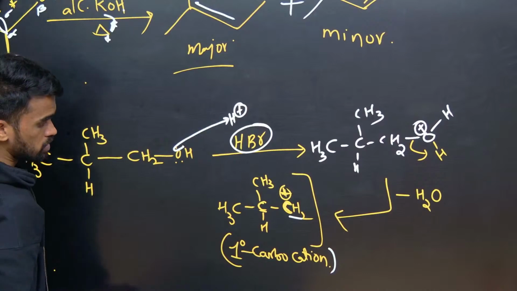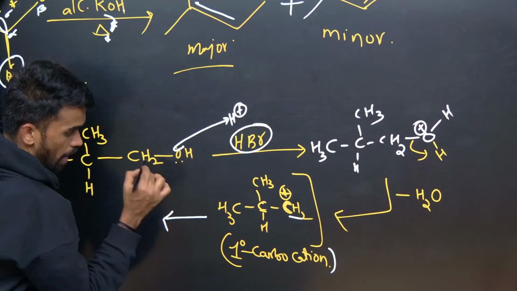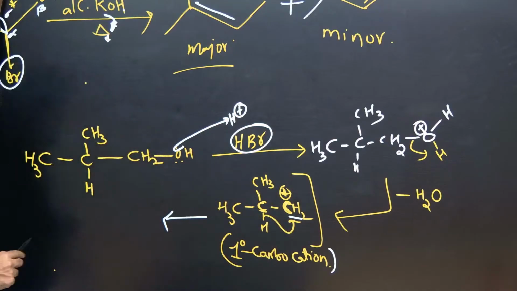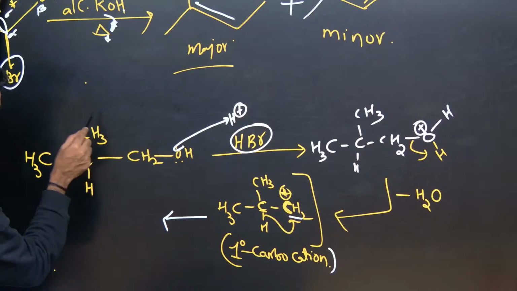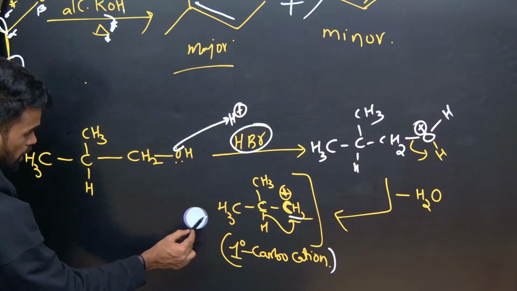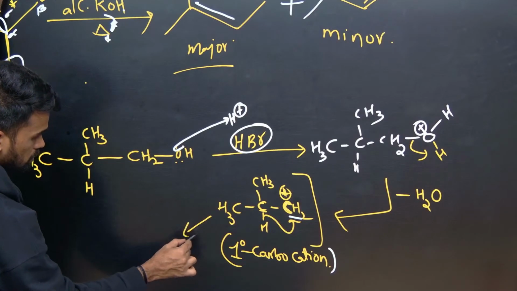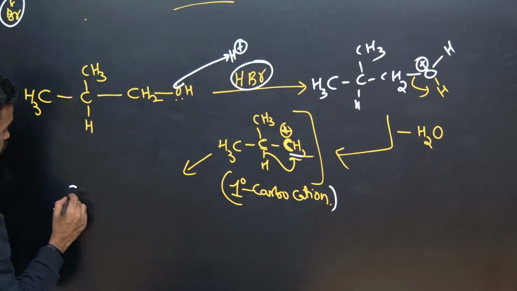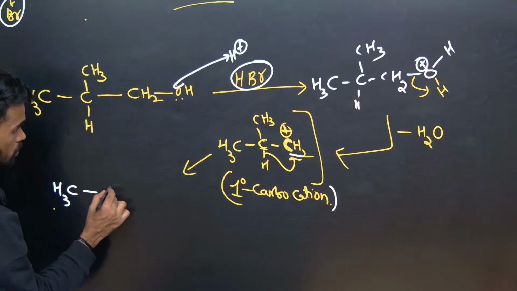Now see here what I am doing. I am shifting this hydride from here to here, along with the sigma bonded electrons. So what happens in that case? Tell me, after shifting, what is the remaining piece we have?